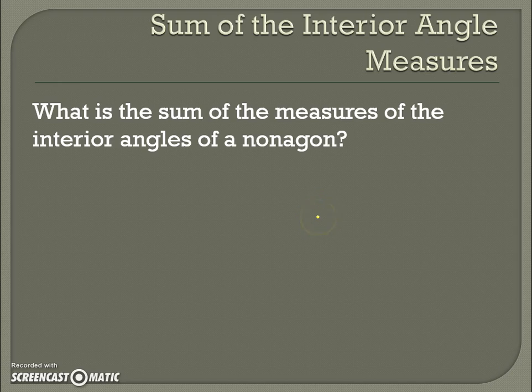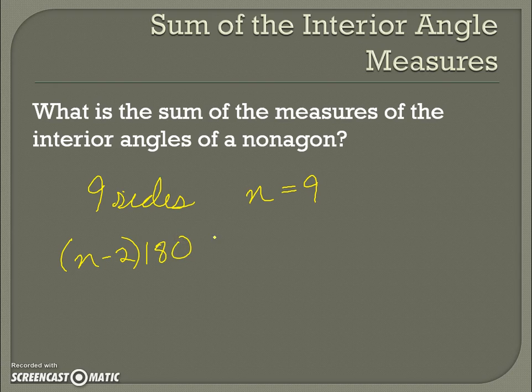Okay, it says, what is the sum of the measures of the interior angles of a nonagon? Well, a nonagon has 9 sides. So that means that n equals 9. Going back to that slide, based on the number of sides, you just substitute into the formula, (n minus 2) times 180, and this tells you the sum of all of the angles.